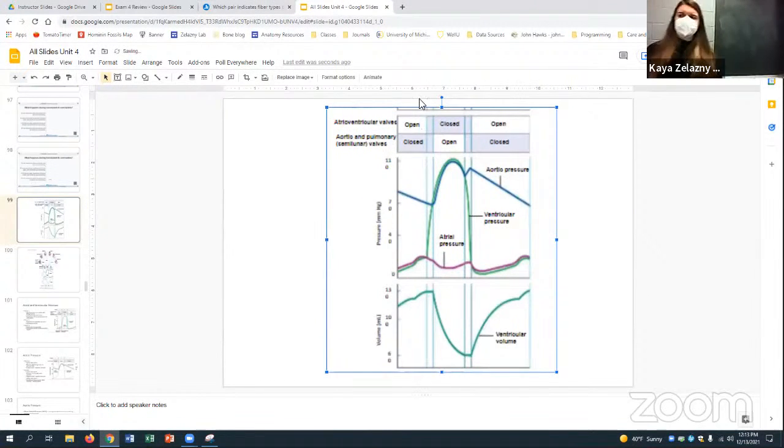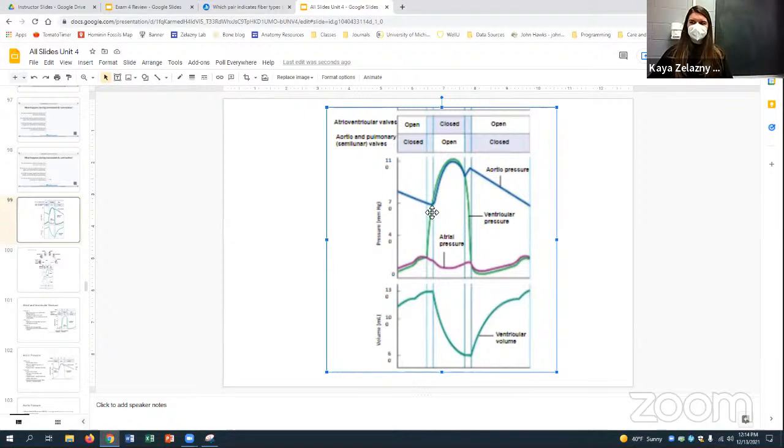So we know that for those ventricles to fill, during that first phase, the AV valves have to be open. We don't have pressure in the ventricles. So those semilunar valves, the aortic and pulmonary valves, are closed. And we can see this in the pressures, right? The atrial pressure is high, which is why the blood is moving into the ventricles, because that's lower. Okay. And then as we enter systole, we start to do that isovolumetric ventricular contraction.